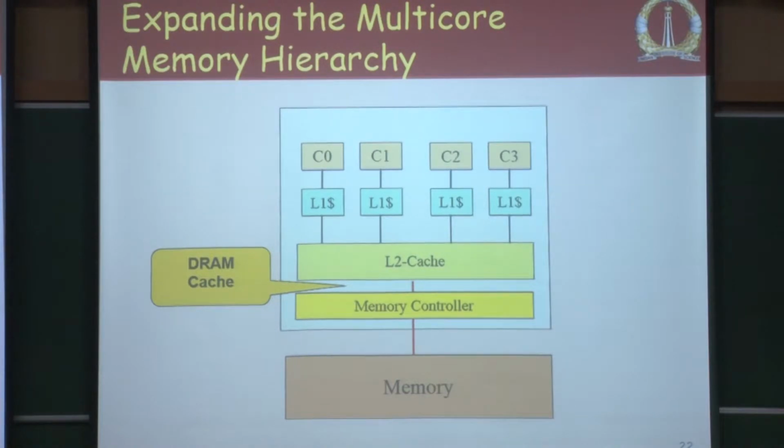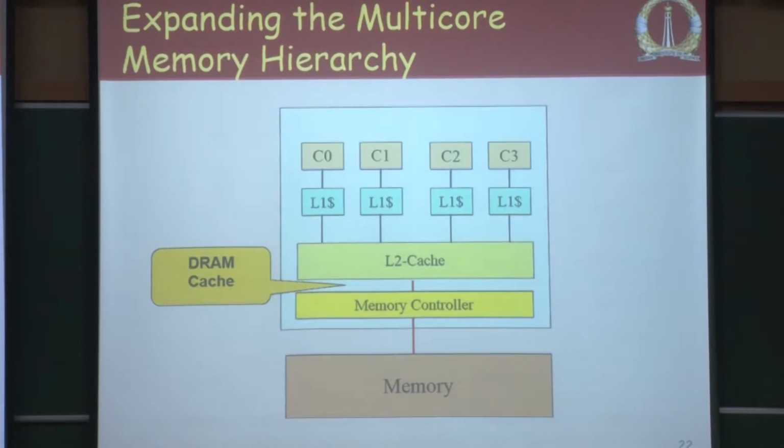But below that level, before you go to the off-chip memory, on the processor itself, you see this rectangle, which is basically a processor socket. It has multiple cores, multiple levels of caches and the memory controller. Now, I am going to add possibly a DRAM also into this.